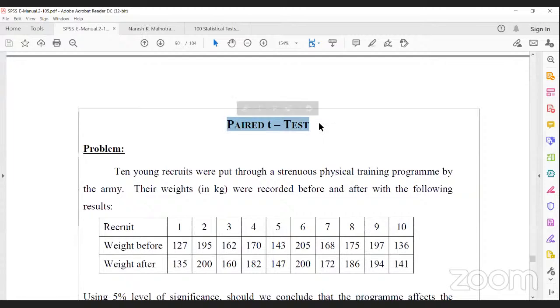Here also we are comparing only two. When we go for more than two, there is a test called repeated measures ANOVA, which we are going to use for more than two groups.